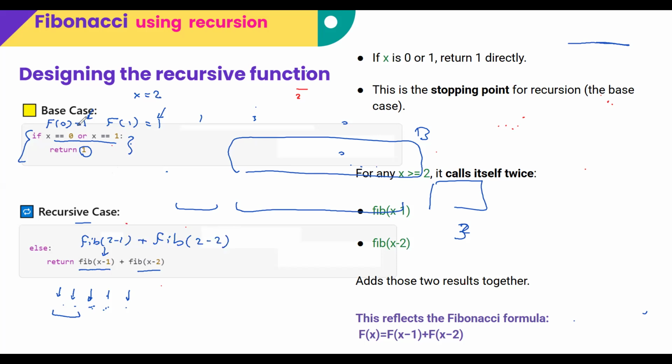Fibonacci 2 minus 1 means you pass 1, and 2 minus 2 means you're calling it with input 0, so you will immediately reach the base case.